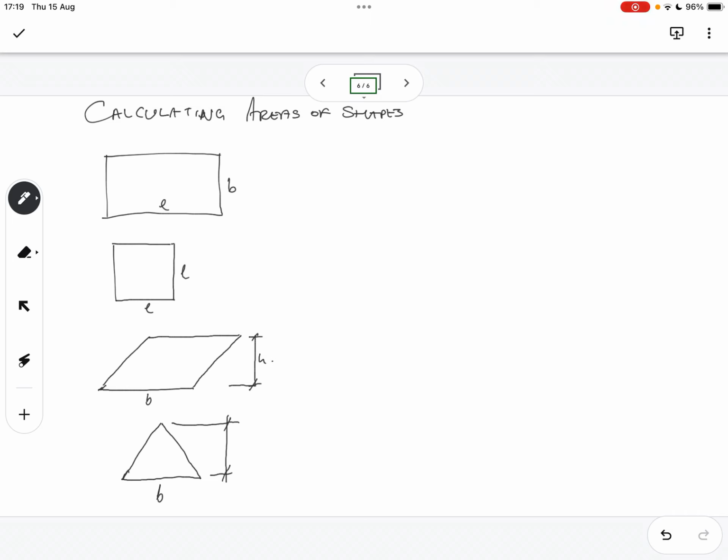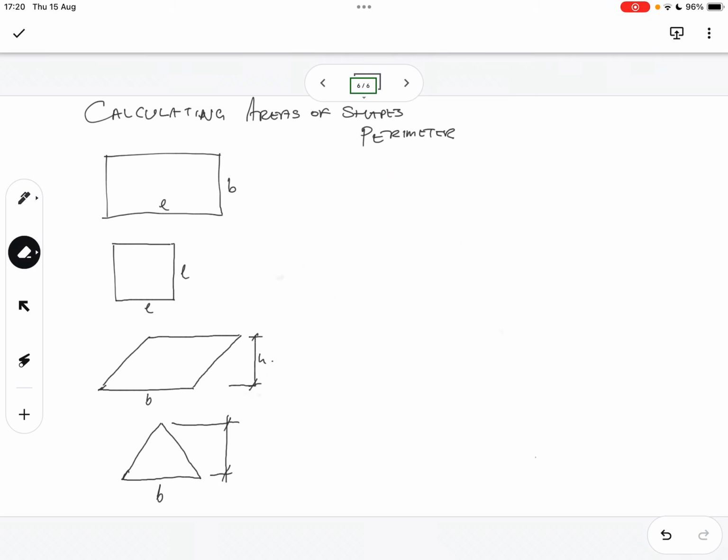Right. So here, they're just showing us how we use area formulae to calculate the areas of certain shapes. Now a rectangle, like we did in the previous example, the perimeter would be 2 times the length plus 2 times the breadth.